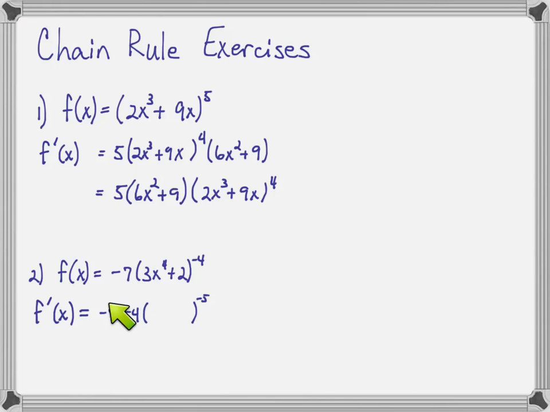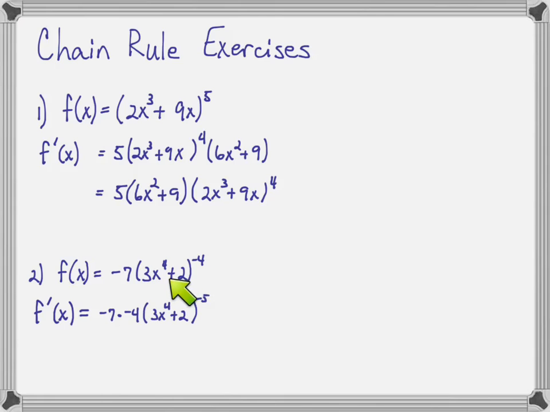So let's leave the negative 7 in the front there, and we'll do the derivative of something to the negative fourth. So we bring this negative 4 to the front, and that drops that power to negative 5. Now what's in the parentheses here is exactly what we put in the parentheses here. So the inside of that parentheses will be 3x^4 + 2. And then we've got to multiply by the derivative of the inside of the parentheses.